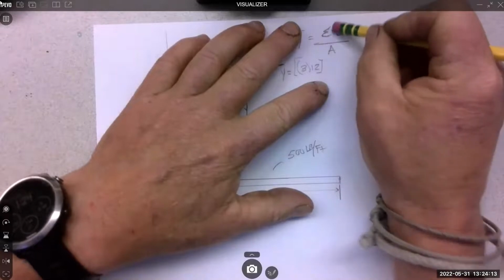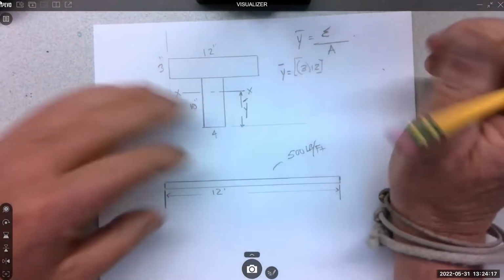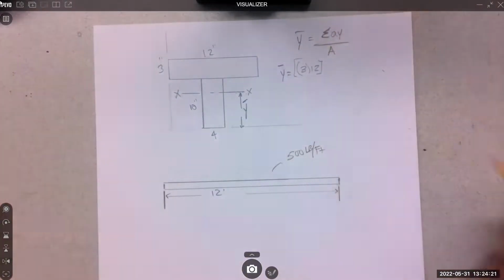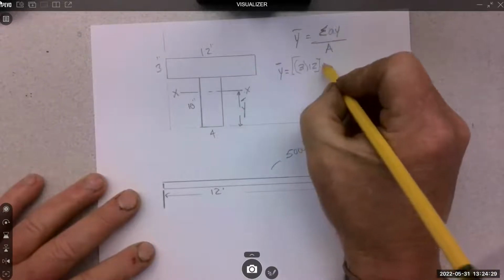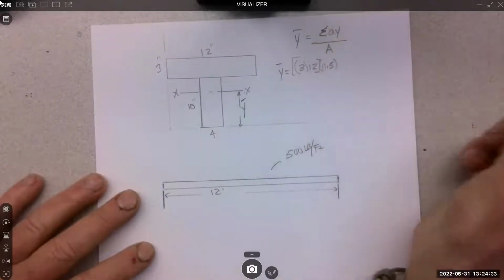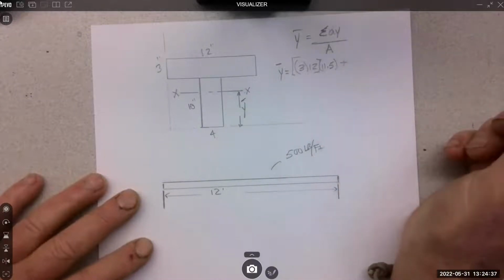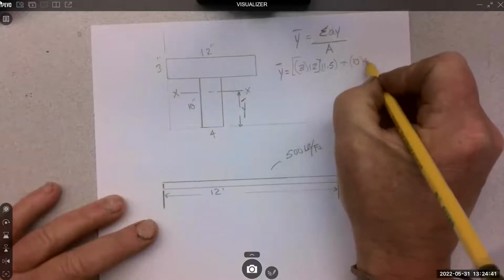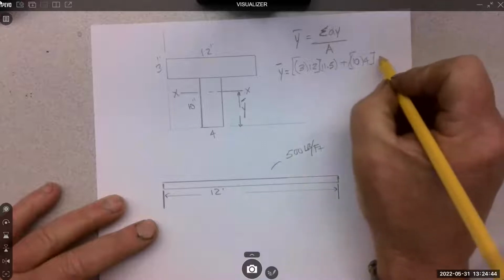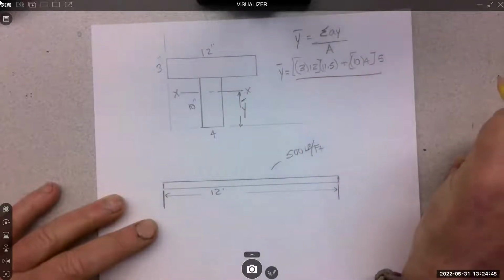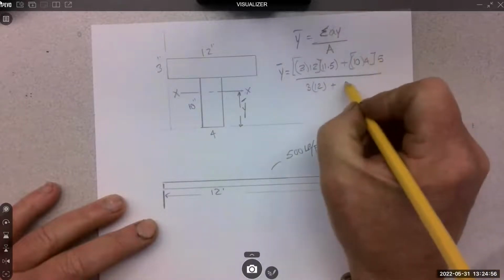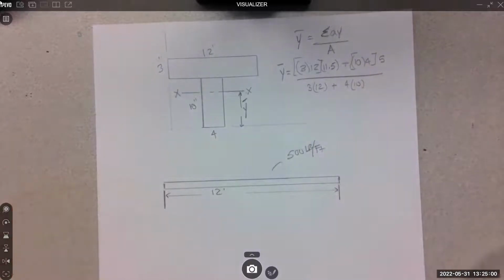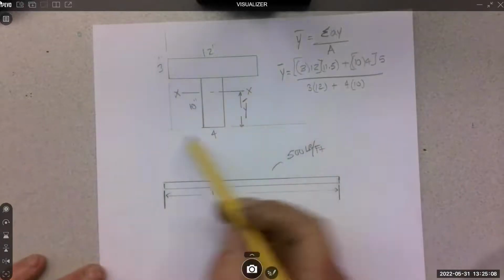I think that's actually supposed to be switched. So areas times Y distances, you see I set my axis up here, so I know where I'm coming off of.